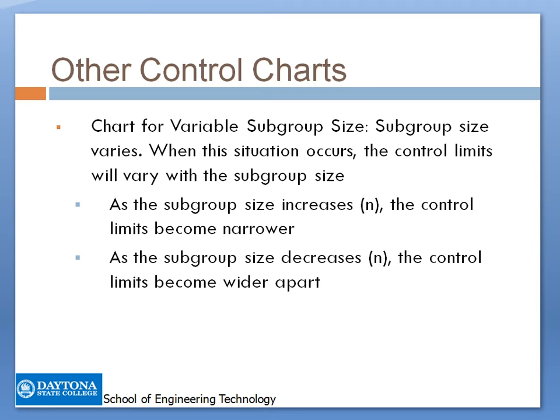When we graphic the upper and the lower control limit, it was always in a straight line. In this case, you will have ups and downs because when this situation occurs, the control limits will vary with the subgroup size. So as the subgroup size increases, the control limits become narrower. And as the subgroup size decreases, the control limits become wider apart.